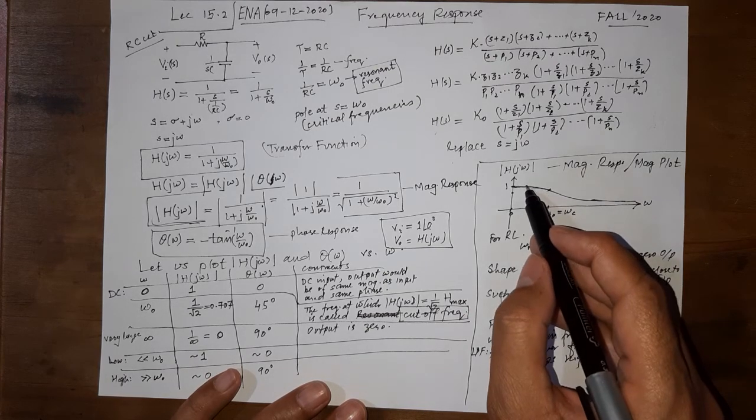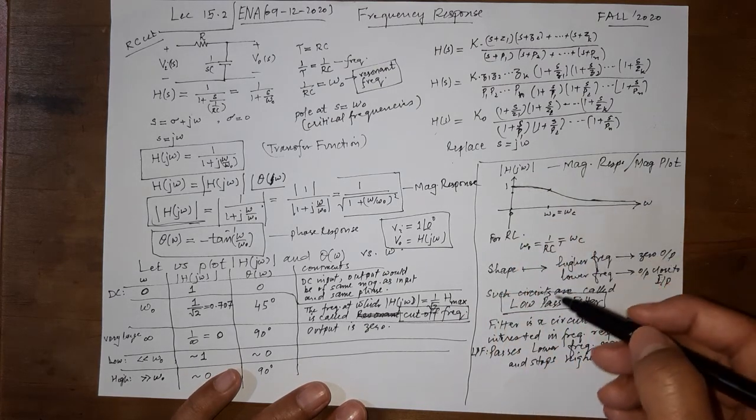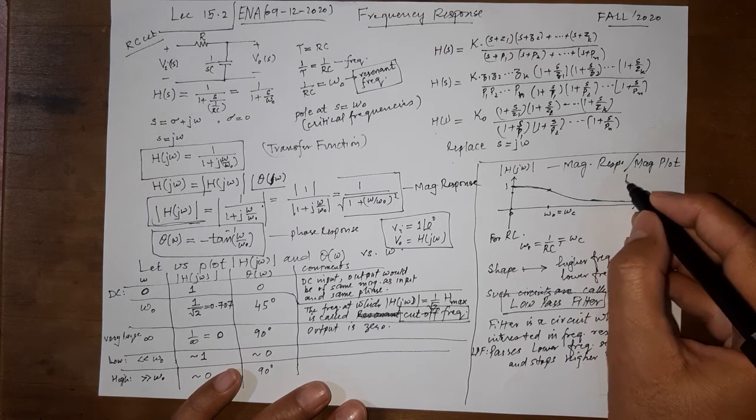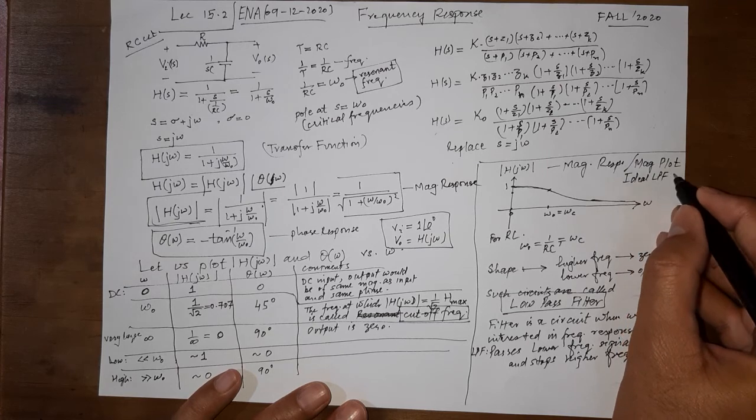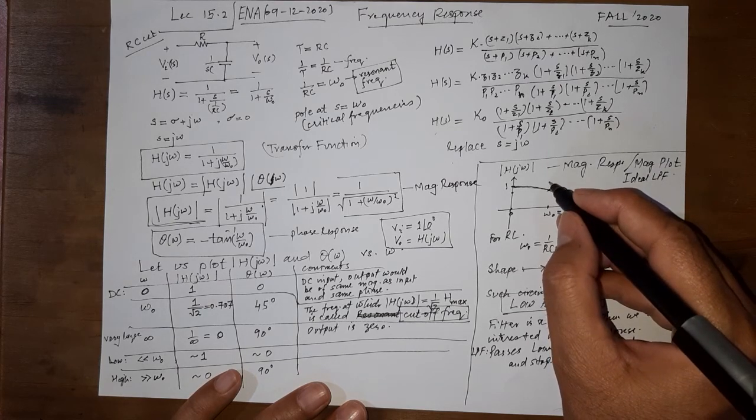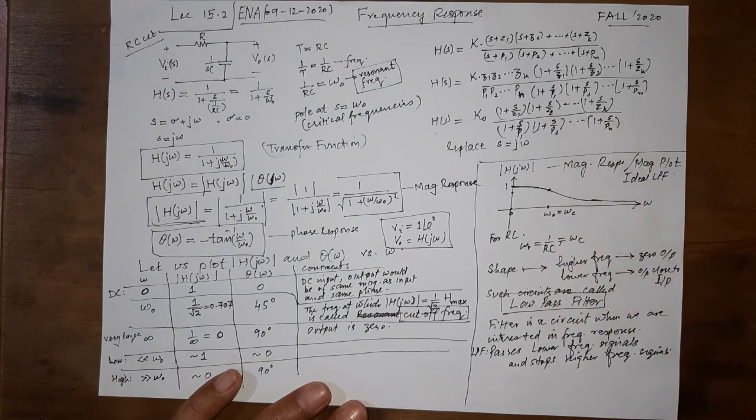If we are dealing with an ideal low pass filter, an ideal low pass filter is a filter expected to behave something like, let me change the color of the pen.